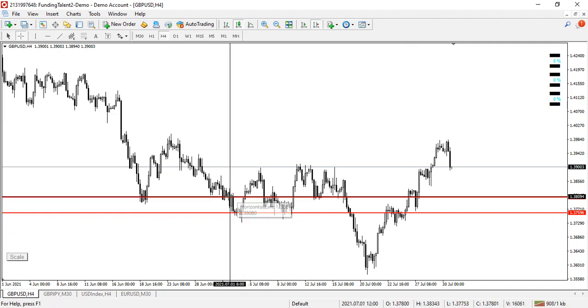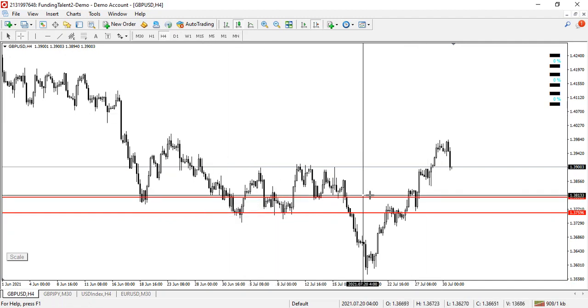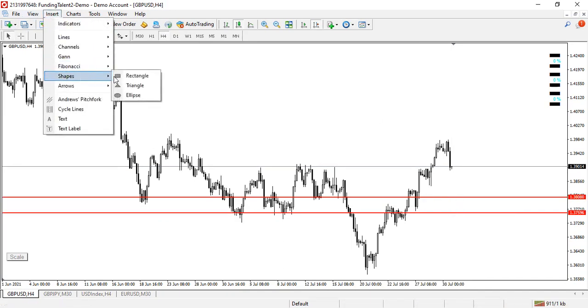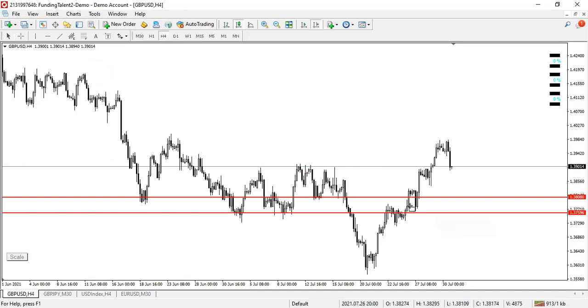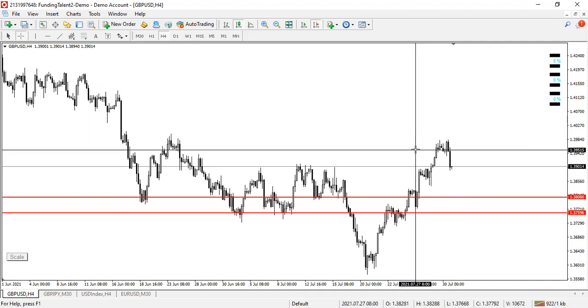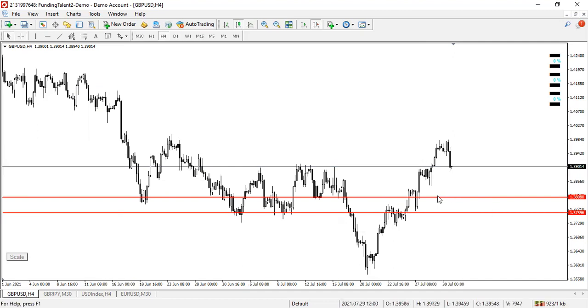Buying off this area wouldn't be the best price because there is this liquidity void here. We want it to be covered before we can go long. So this was an obvious trade to take around this area here.